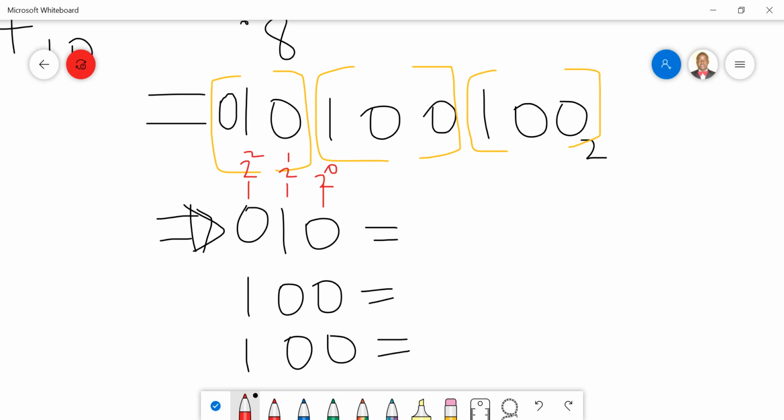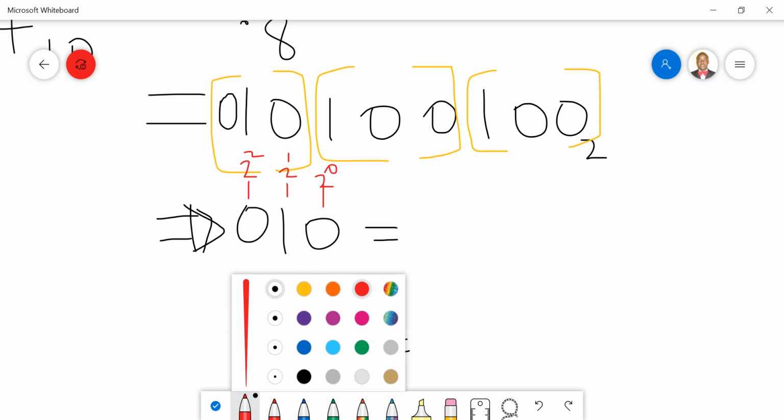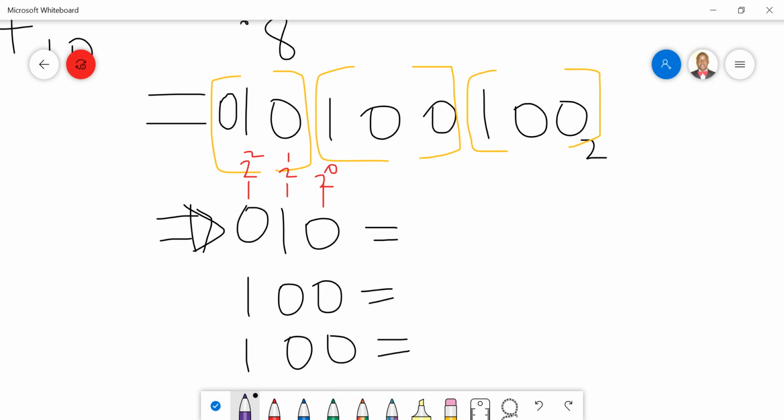Then 0 multiplied by 2 to the power 0 is 0. Any number multiplied by 0 is 0. So from this one we have 0. Let me highlight so that you will see where I am. I don't want to just say it and you don't see.